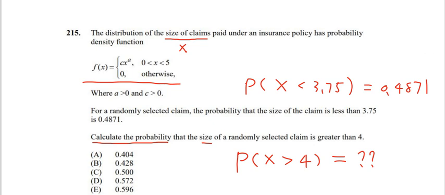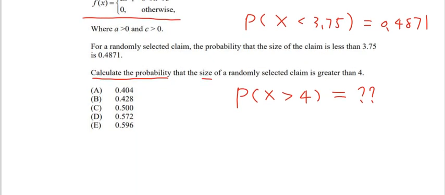For this condition, we can check this probability of x, which is just the integral from 0 to 3.74 of CXA dx. So this equals this number. This one we can integrate out.